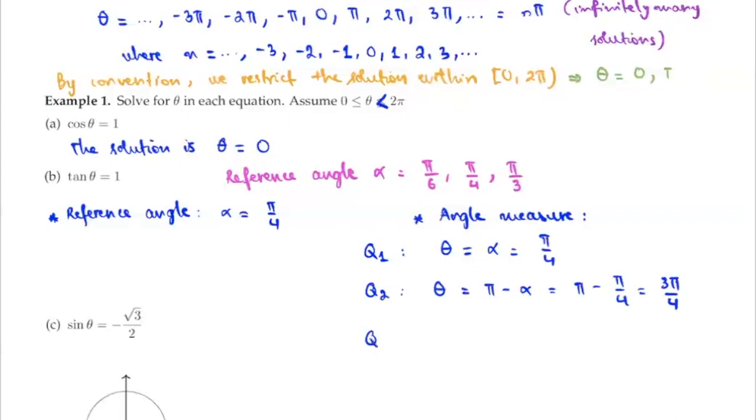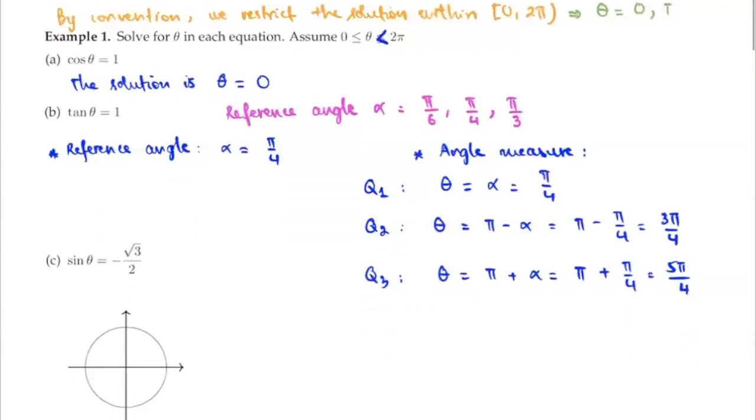In quadrant 3, you have theta equal to pi plus alpha, so in this case pi plus pi over 4, or 5 pi over 4. And in quadrant 4, you have theta equal to 2 pi minus alpha, so 2 pi minus pi over 4, which gives you 7 pi over 4.